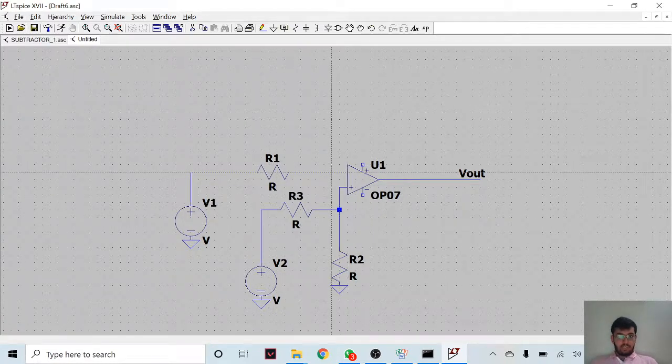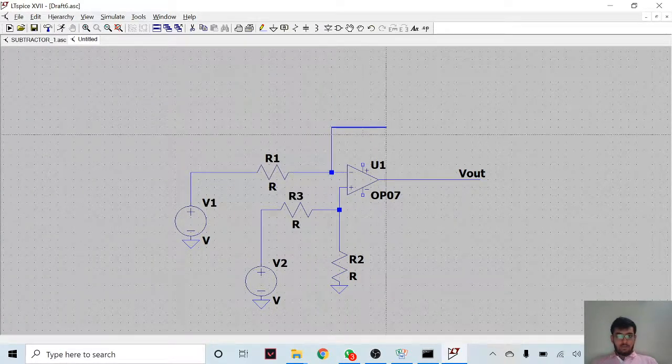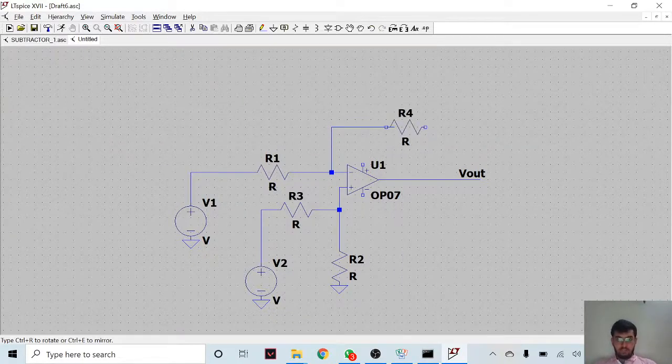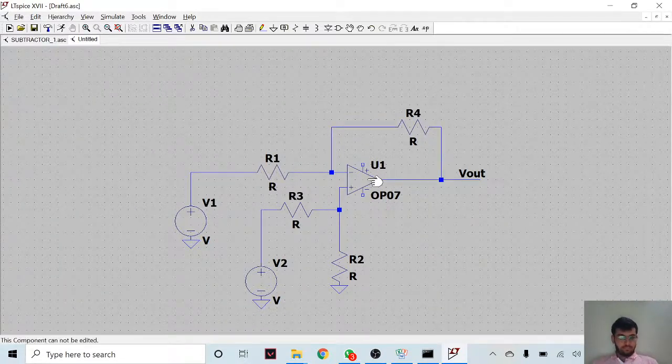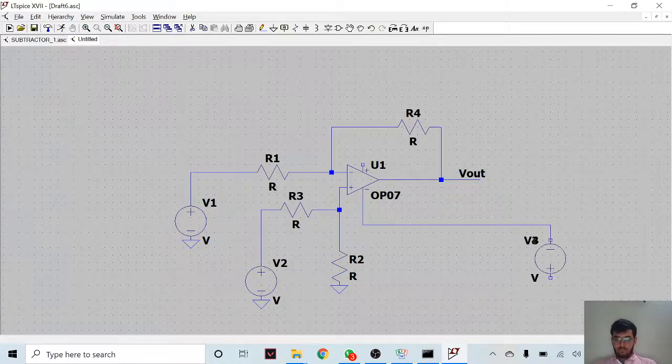We'll be using a feedback resistor of 10 kilo ohms. We'll be grounding this terminal.